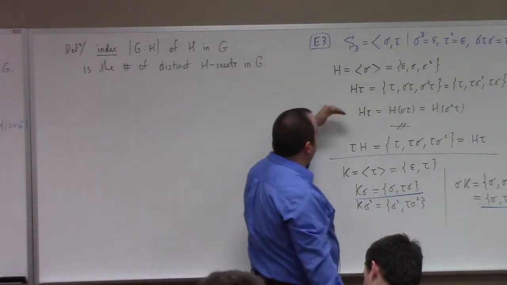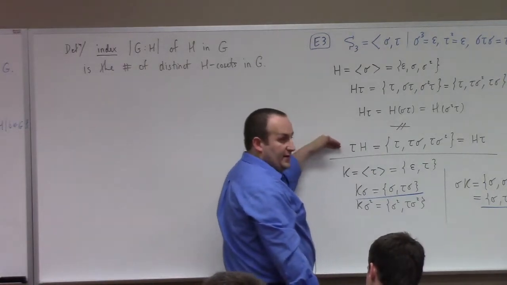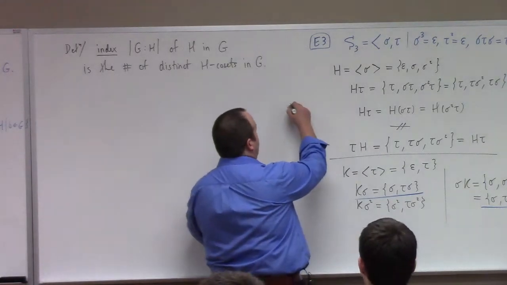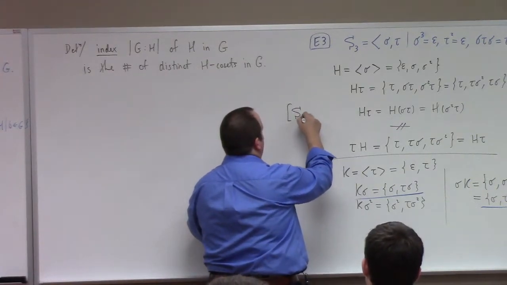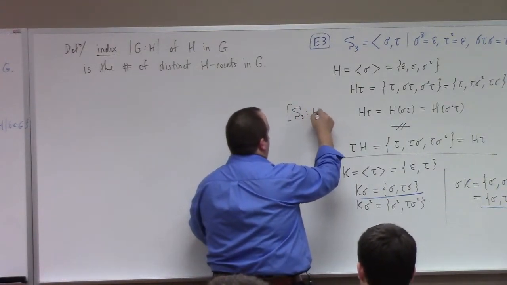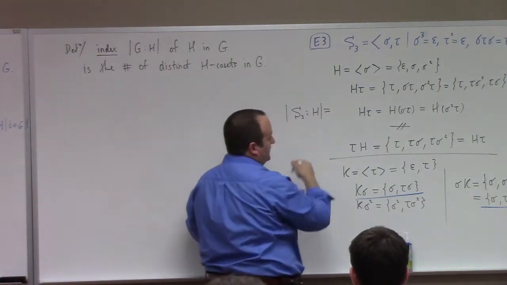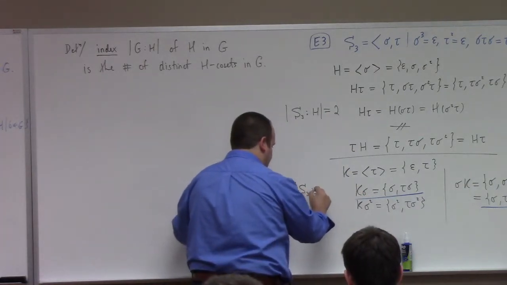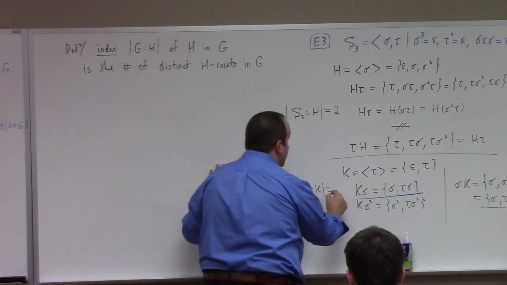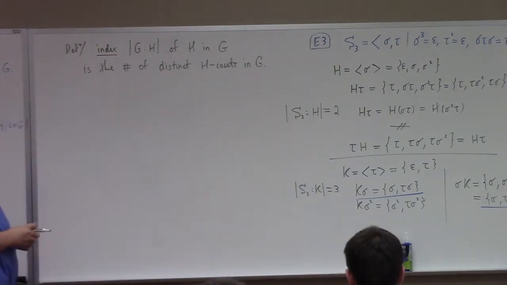Here, there were two cosets, H and tau H. So the index of H in S3 is equal to 2. For K, the index of K in S3 is 3. Okay? So that's index.